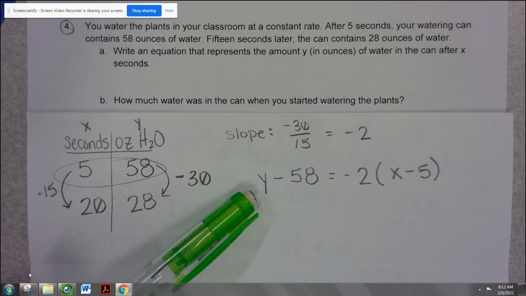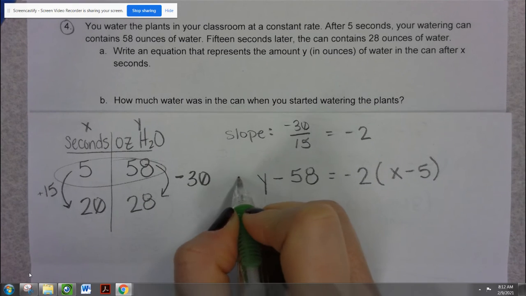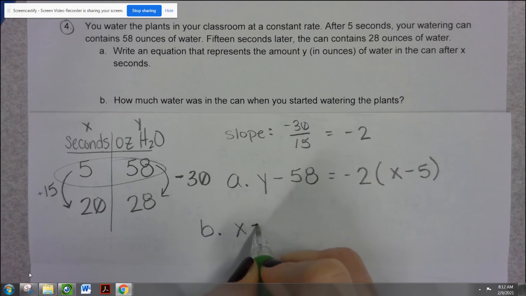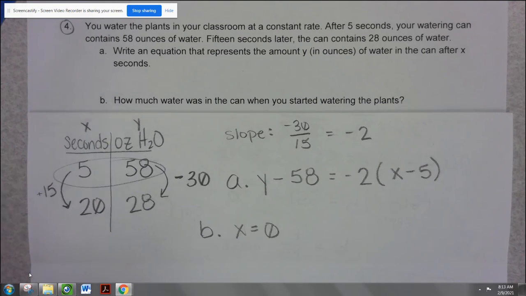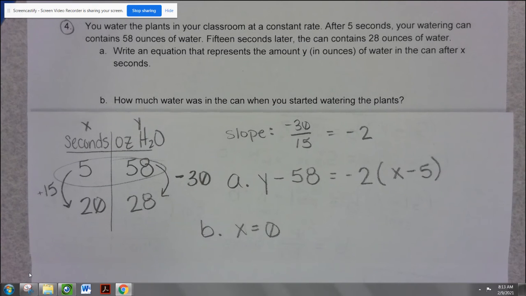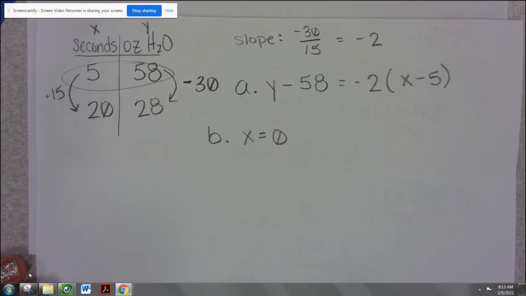So you could rearrange this formula and get it into slope-intercept form. Or, since it's starting, I know it's time 0, so I could also substitute 0 in for x. That's what I'm going to do because I think for me that's going to take less time.